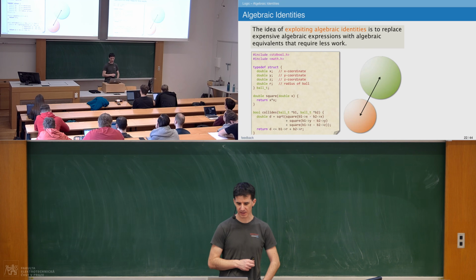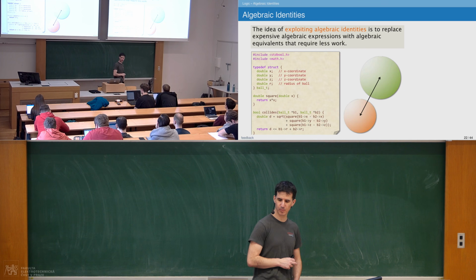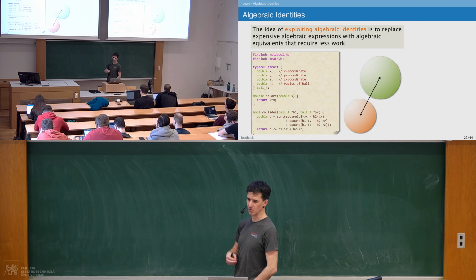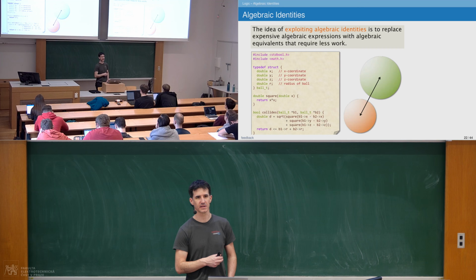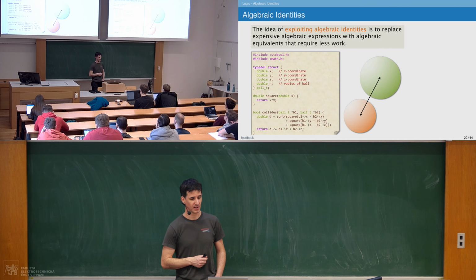So how can you do that? You can calculate the distance between the centers of the balls, and if this distance is greater than the sum of the radiuses of those balls, then they do not collide. If not, then they collide or just touch.